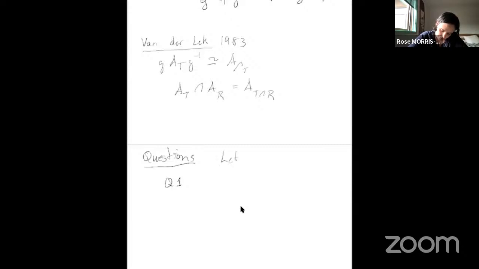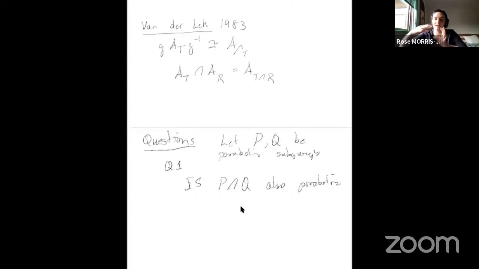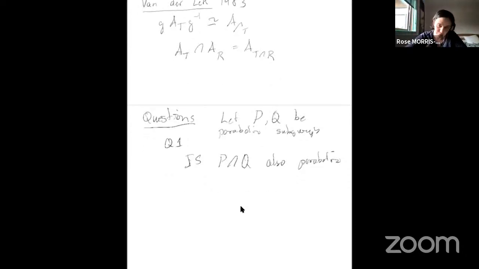Let P and Q be parabolic subgroups. Question 1: is P intersect Q also parabolic? Ideally, these parabolic subgroups would form a lattice inside my group.